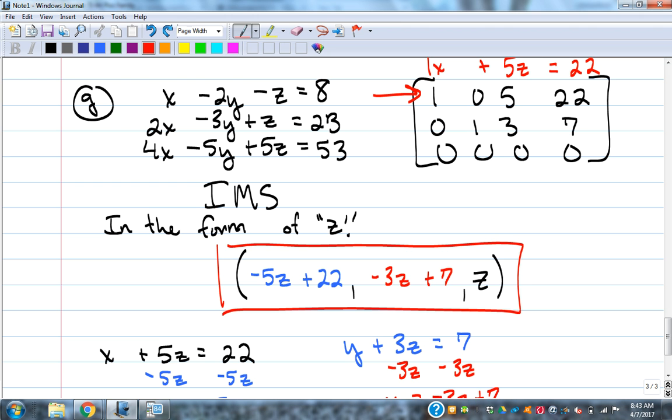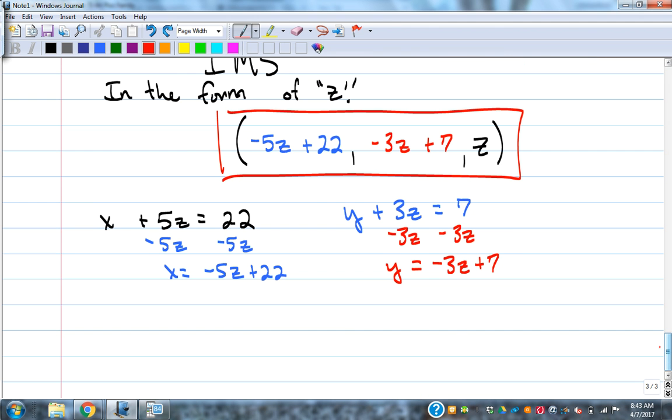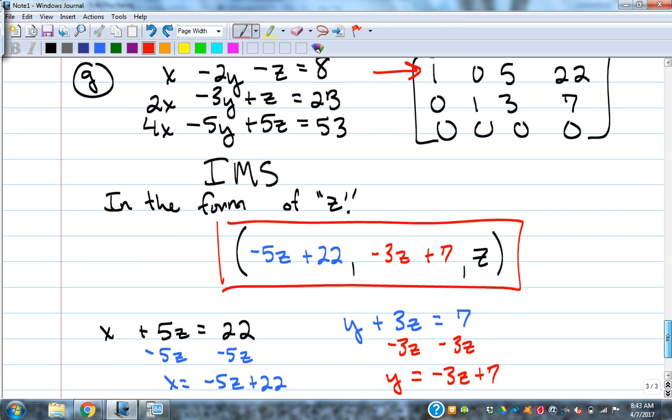Let's do that. It's a little bit more difficult to write it in the form of X because you don't have an equation with, like, the last row. It's not as easy, but it's doable. So let's do that. It's a good exercise for us.